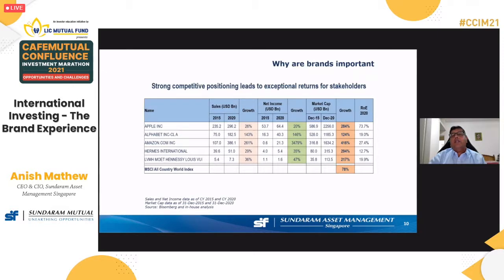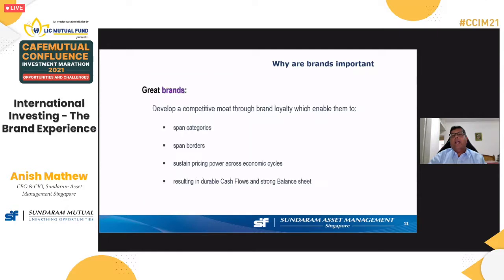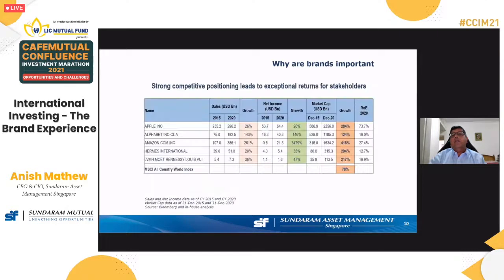And as a result, shareholders have rewarded them handsomely. All the returns of these 5 companies are well above what MSCI Equity has returned over these 5 years. So that is the importance of having a good brand and investing in a leading brand.